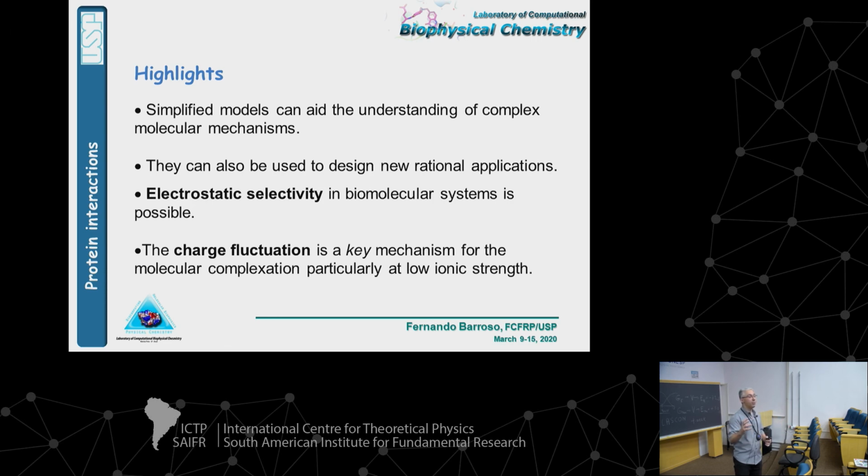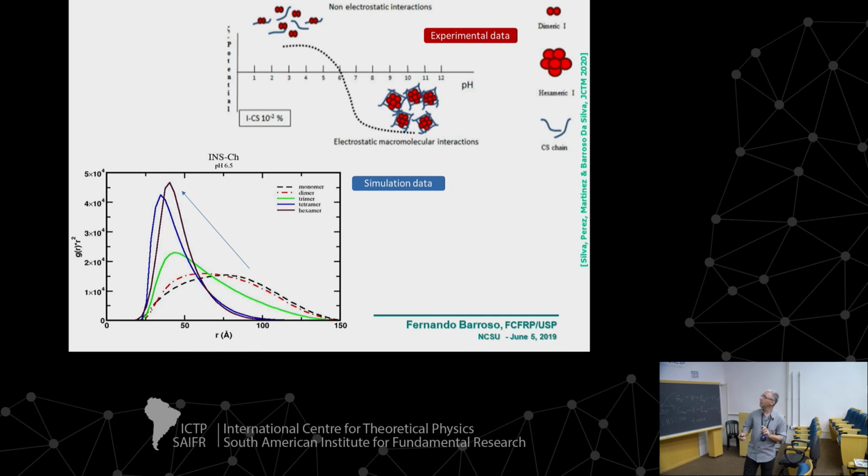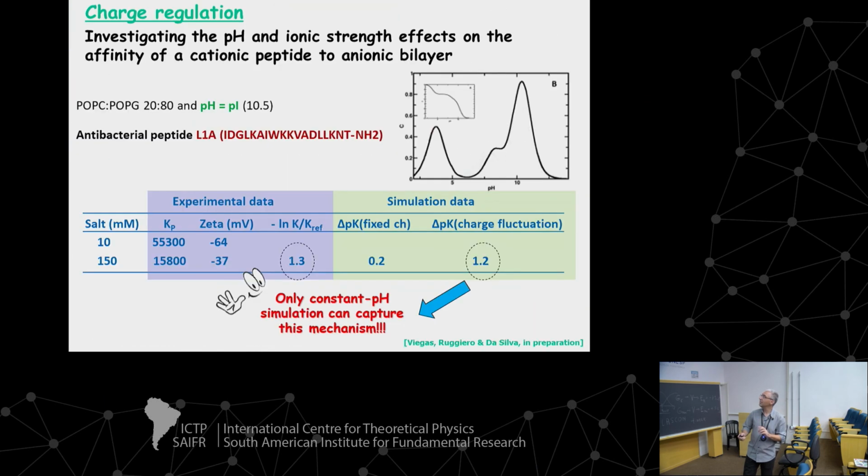So be careful: depending on the regime that you are working in, depending on the conditions, both phenomena that I mentioned, ion correlation and the proton fluctuation, might be important. I went through it very quickly, but this might be a good way to summarize it. Here I have, for instance, the interaction between a peptide and a membrane, a model for a membrane. You have the experimental data.